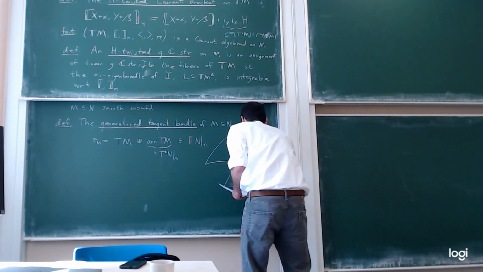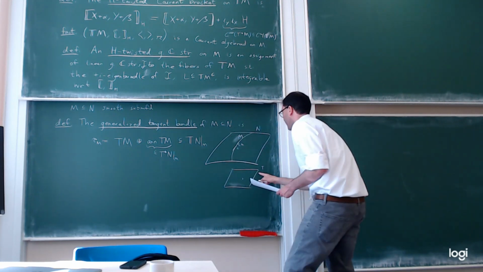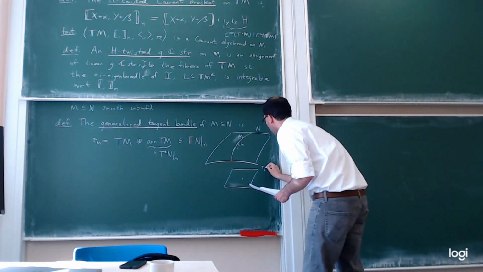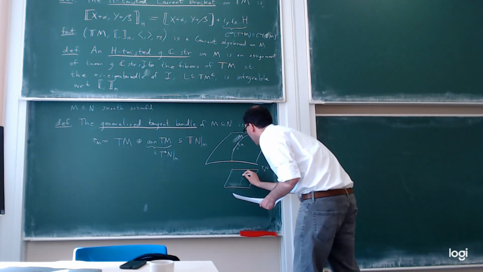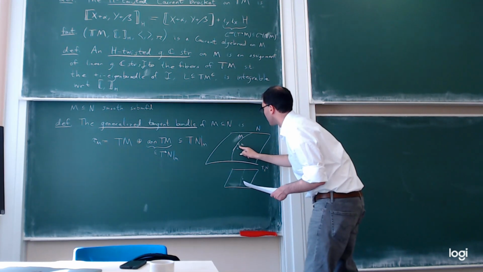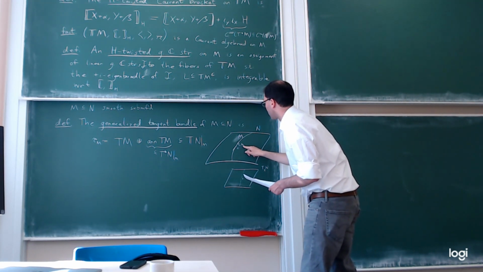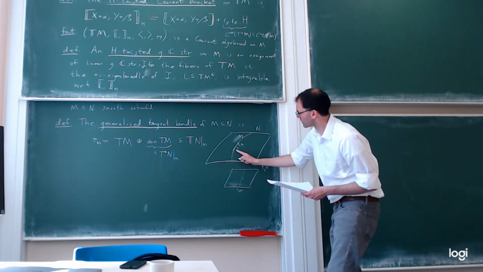Here is the tangent fiber at x to N, within which lies the tangent fiber at x to M. So in this picture that is this one-dimensional space.